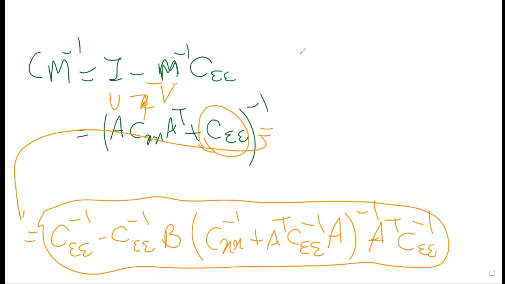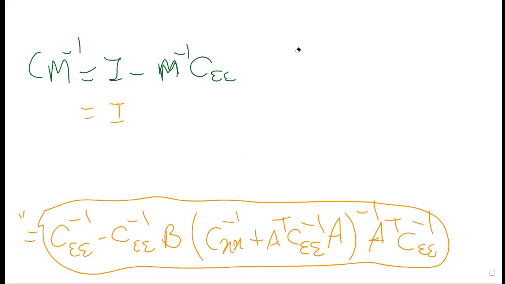Then if I want to work further with this, I multiply by C epsilon epsilon from the left side. Of course, it doesn't matter practically because they have the same dimension. Then we clean this part.